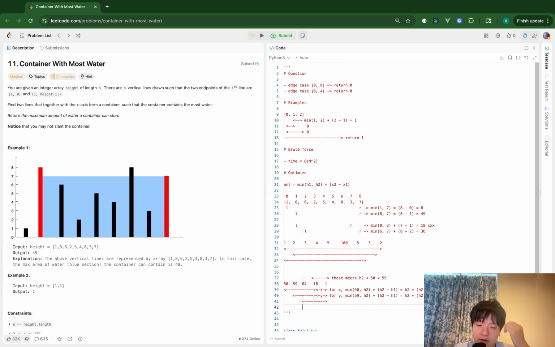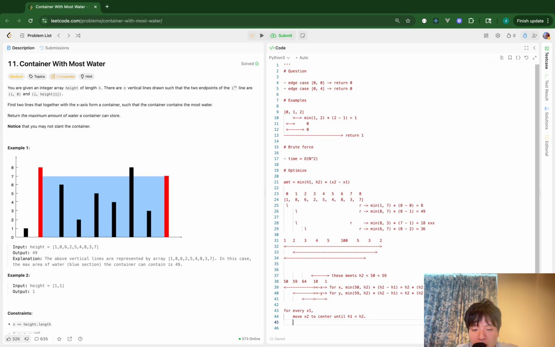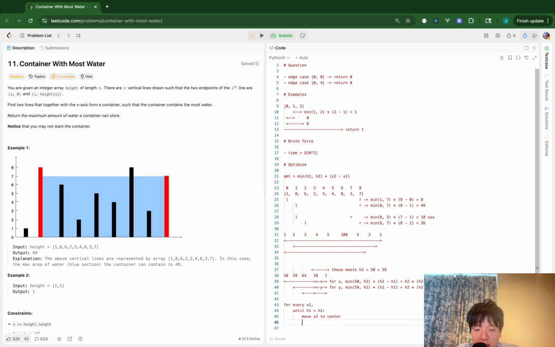So what I can say is, for every x, move x2 to the center until h2 becomes higher, and obviously in this process I have to update the global returned variable, which is the amount of water.